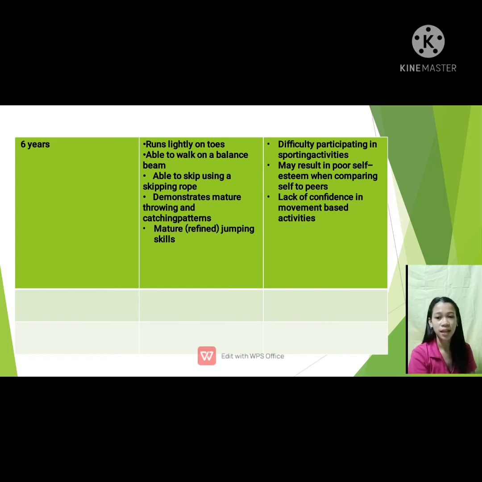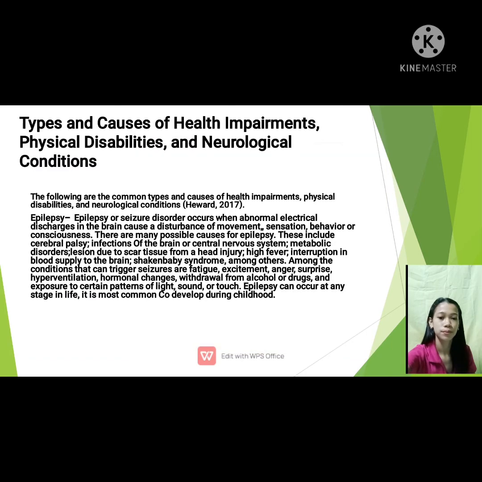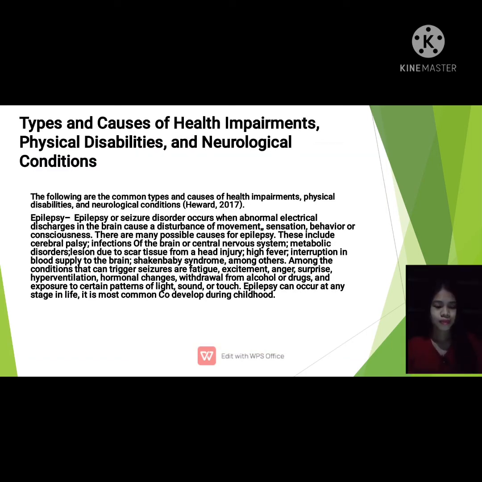Next is types and causes of health impairments, physical disabilities, and neurological conditions. The following are the common types and causes of health impairments, physical disabilities, and neurological conditions (Howard, 2017). Epilepsy.